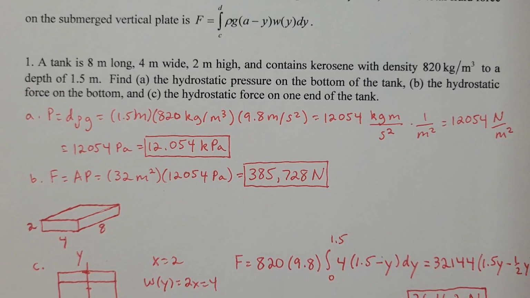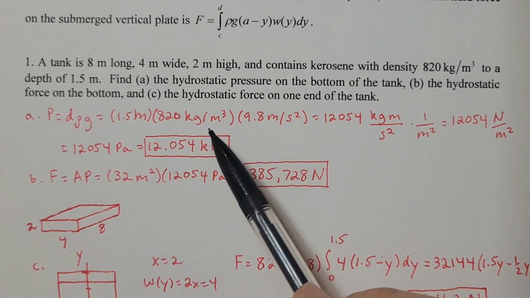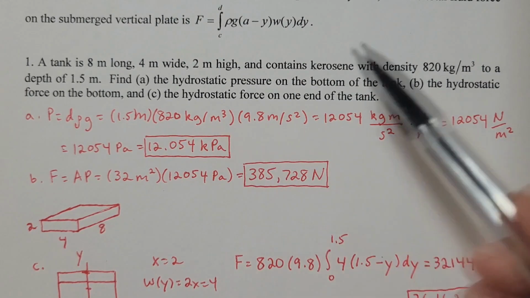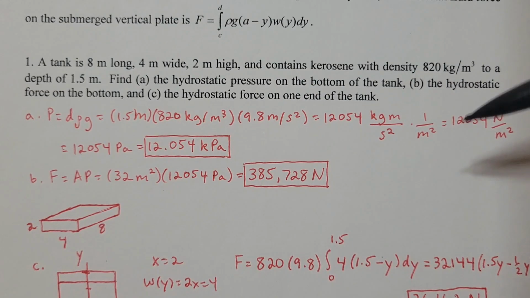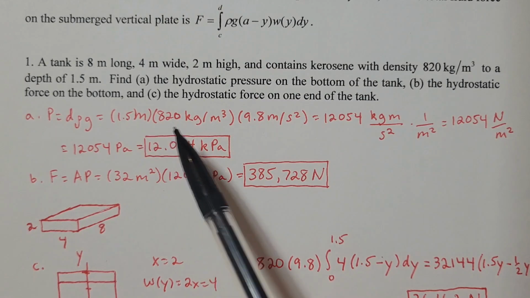The next thing I'm going to do is cancel one of these meters with one of the cubic meters below, so I get square meters below. And of course, I'll multiply these three numbers.